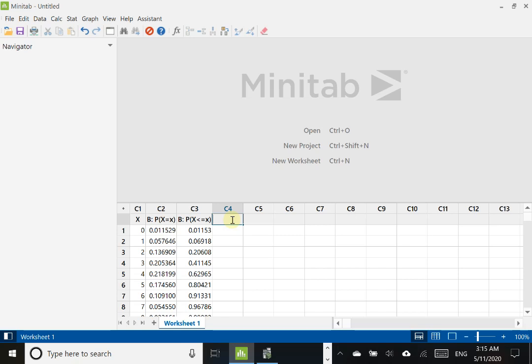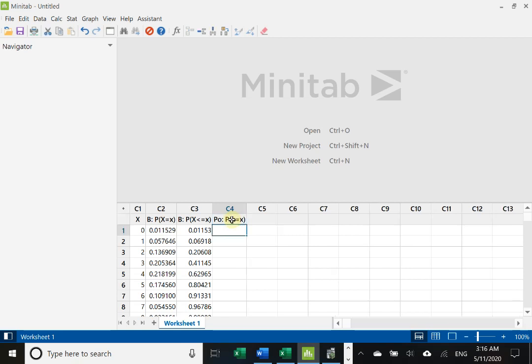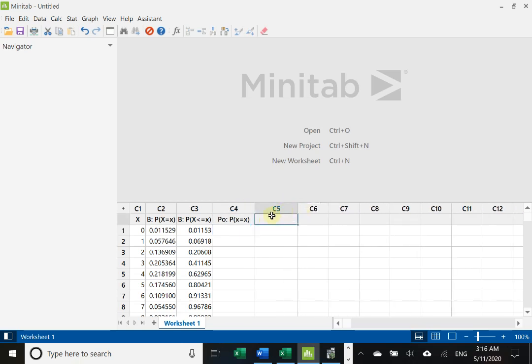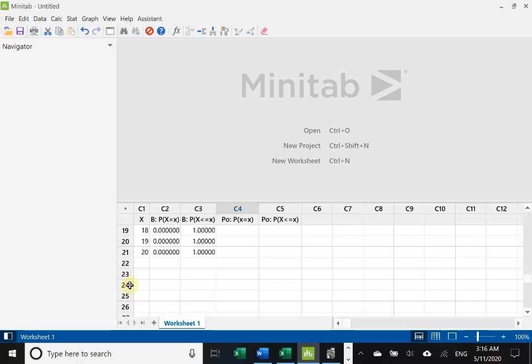There, my keyboard wasn't fitting properly. PO, and this is the probability of X equal x, so this is actually the probability distribution function. If you want, you can space it out. The next one is going to be Poisson, probability of X less than or equal to little x. This is going to be our cumulative distribution function. And I'm going to stay with 0, 1, 2, 3 all the way down to 20.